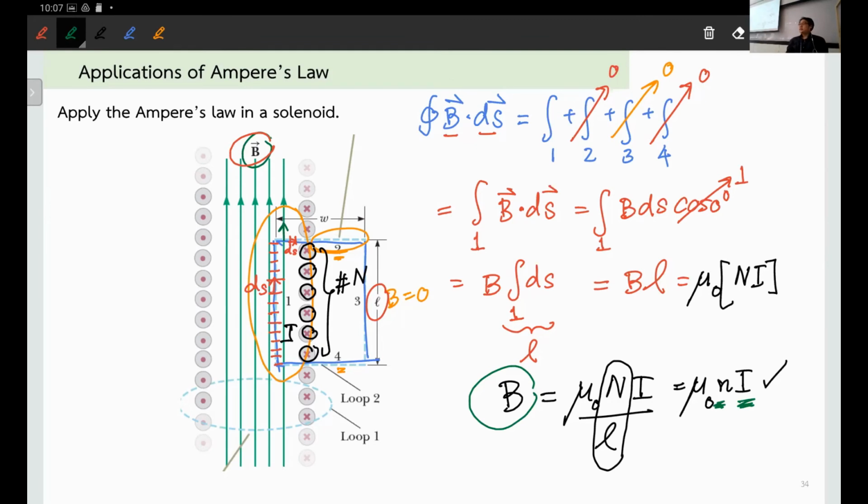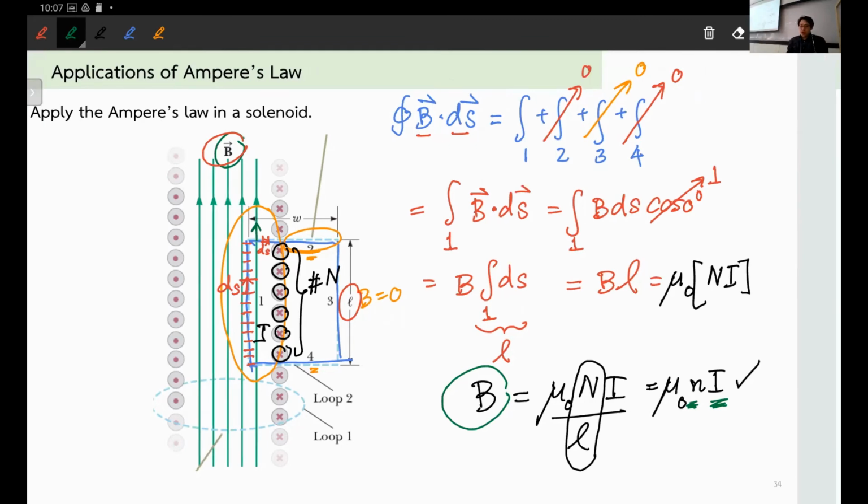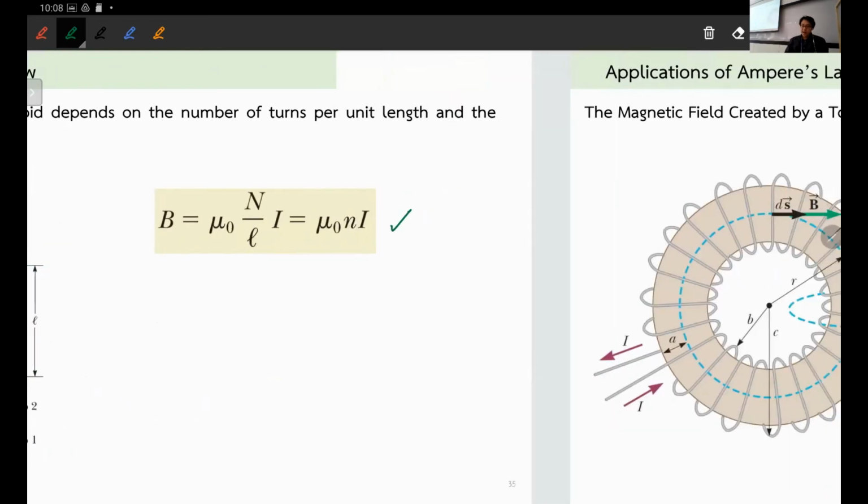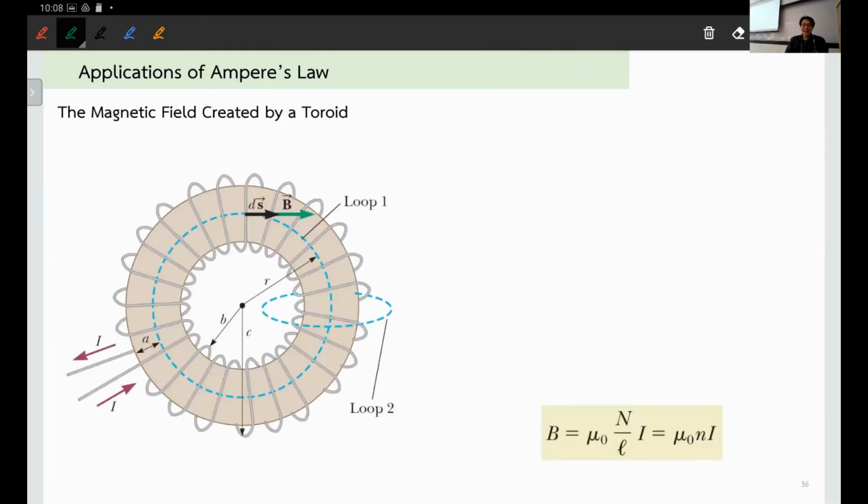It's done. Okay, let's take a look at one example. This one we're clear on. We know how to arrive at this formula, no problem. This next one, don't worry about it. I don't think you will need it if you don't want to accelerate any particle or anything like that. But anyway, this is a nice shape. We call it a toroid. You can use the same Ampere's loop.